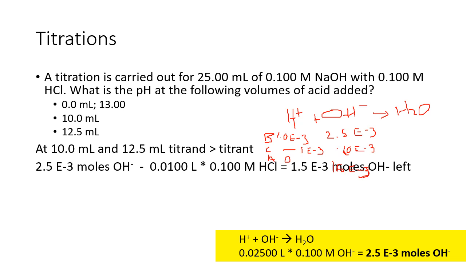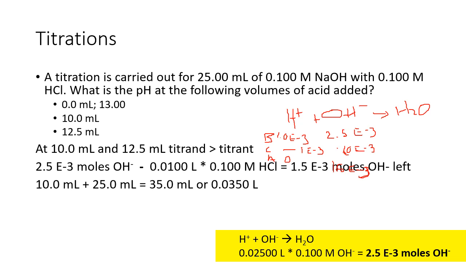And then if we want to find the pH, we do the same 14 minus the log of the OH minus. But in order to do that, we have to get it into concentration. Okay, so to find concentration at this point, you know that you have to take your initial volume of titrand, add the titrant that you added, you get 35 milliliters or 0.035 liters of solution.